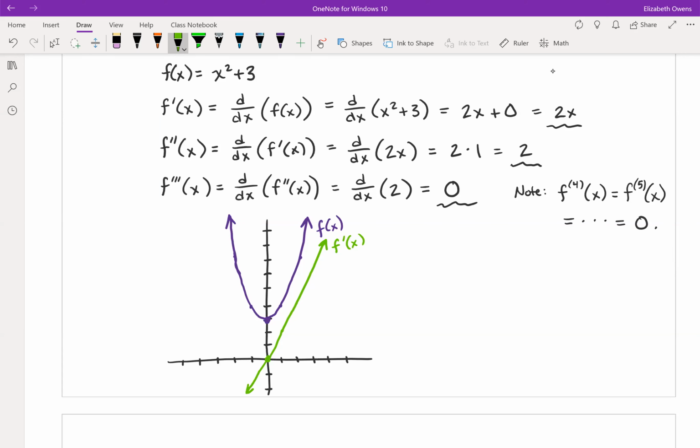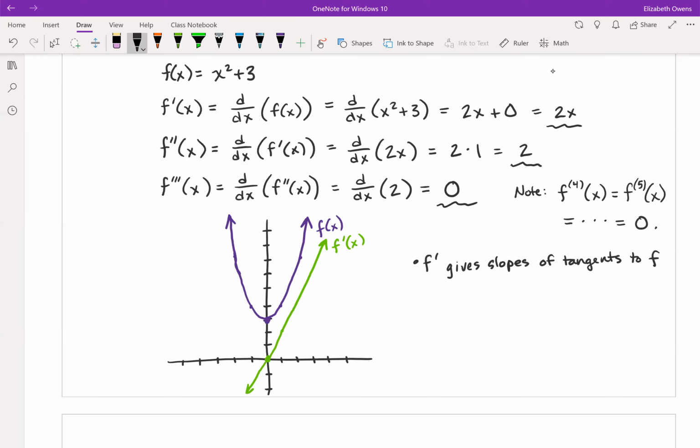And just looking at those two graphs alone, remember that the derivative function values are going to give you the values for the slope of the tangent line to the original function f of x. Okay, so note here, f prime gives the slopes of tangents to f.